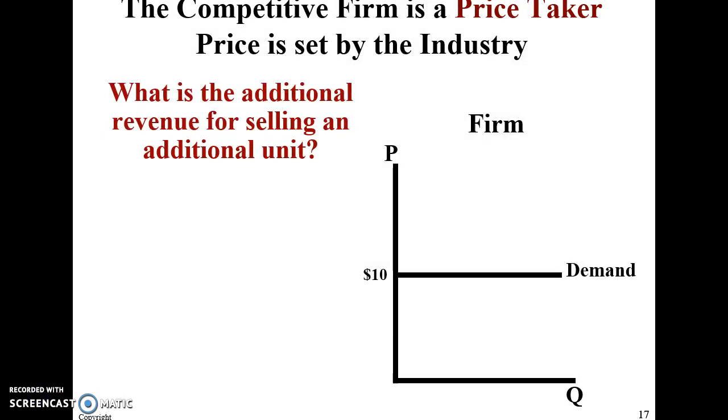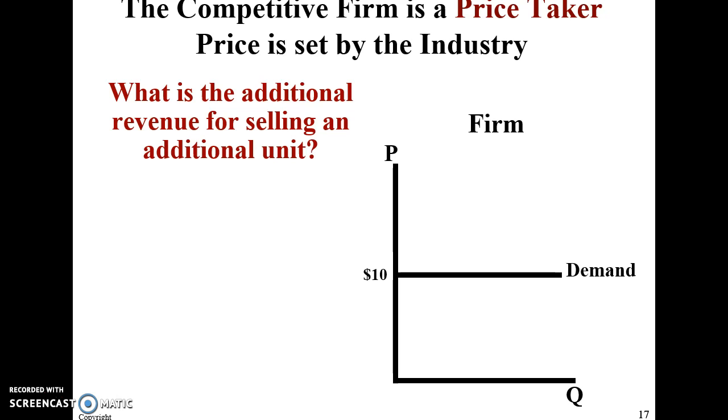So, because of this, you should recognize that there are a lot of characteristics. Demand is equal to price here. And the additional revenue for selling an additional unit, that would be the marginal revenue, right? What's the change in total revenue due to the change in output?